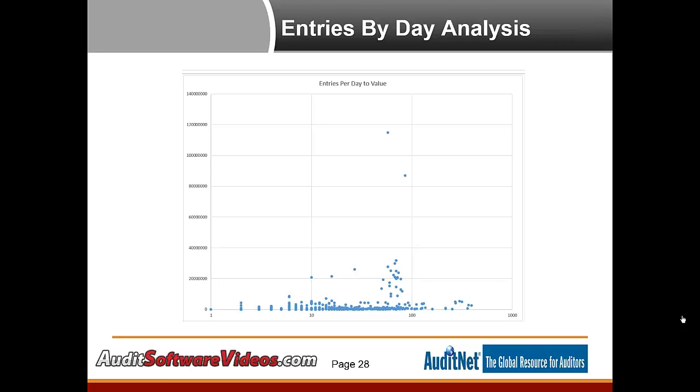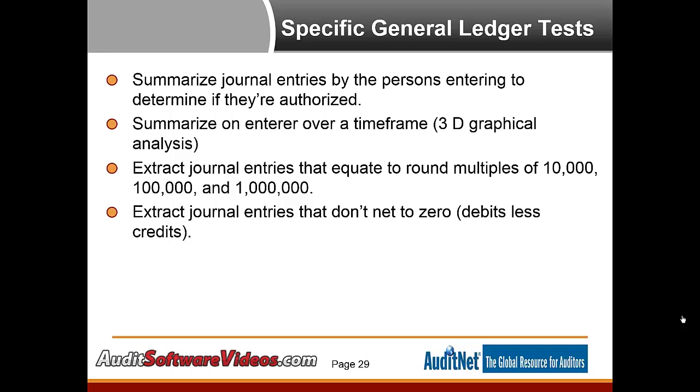It gives you an idea of the number of journal entries being posted by day. This is a scatter graph, but again, we have to get the data out of the pivot table to do this.